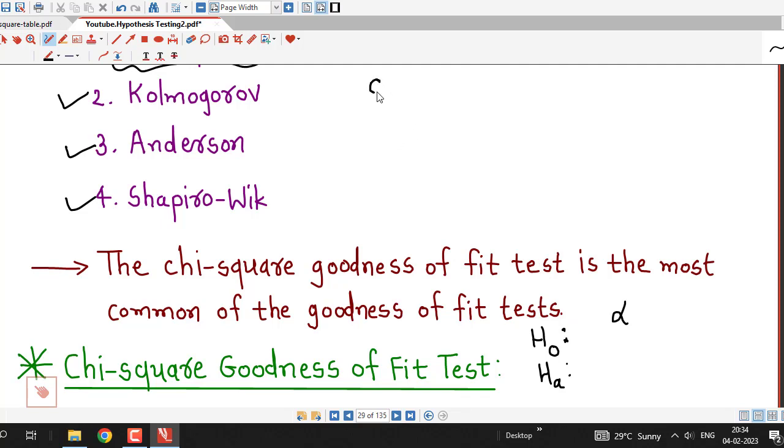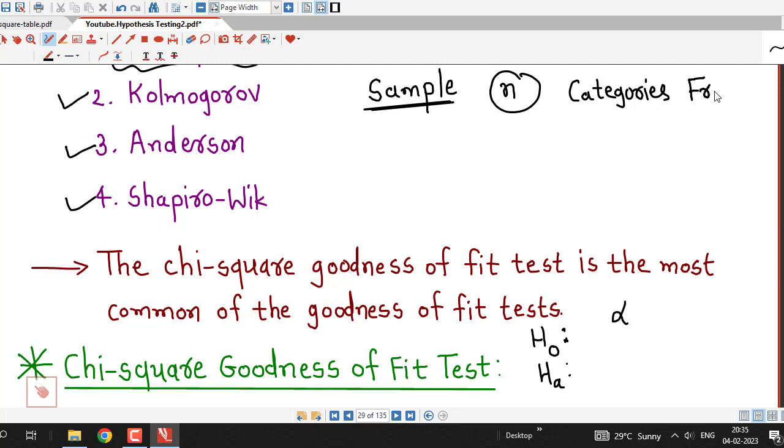For the given data we will have a sample from the unknown population whose probability distribution is unknown. So we will have a sample of, say, n observations in this form. We will have different categories, and for each category we will have the number of objects corresponding to it.